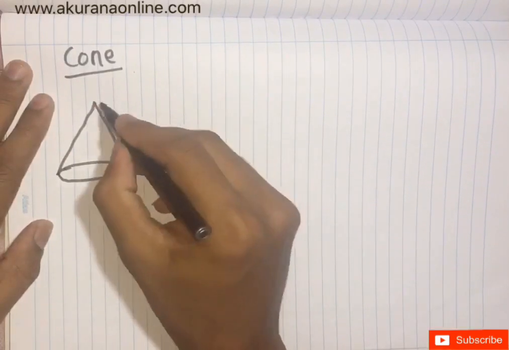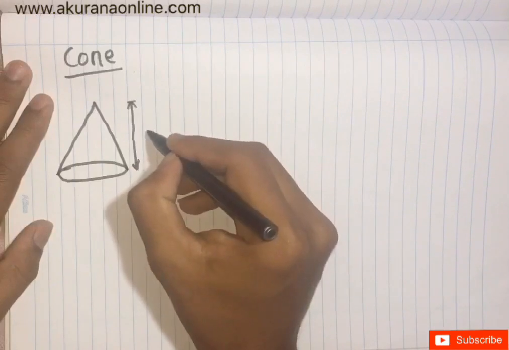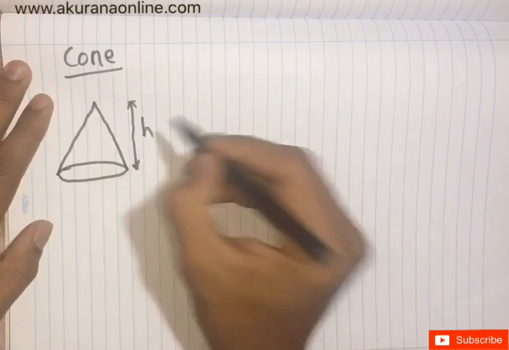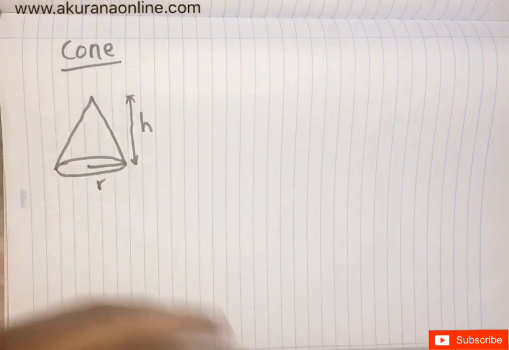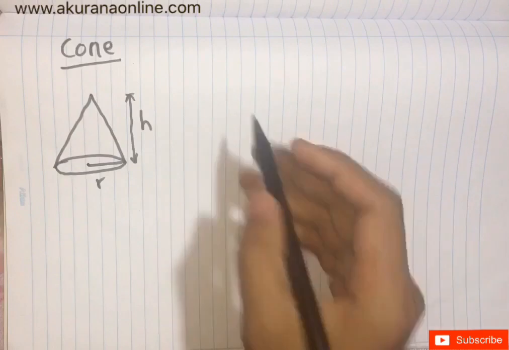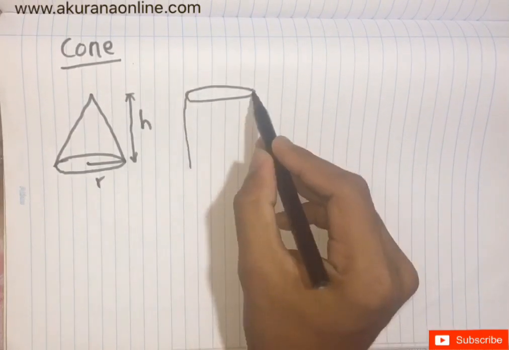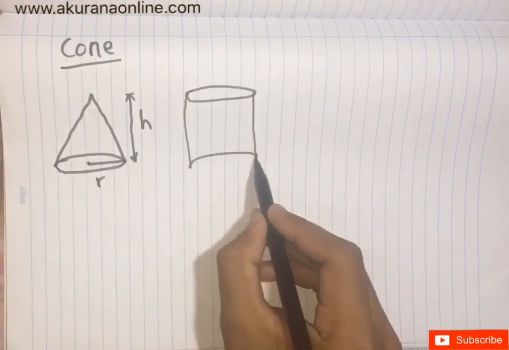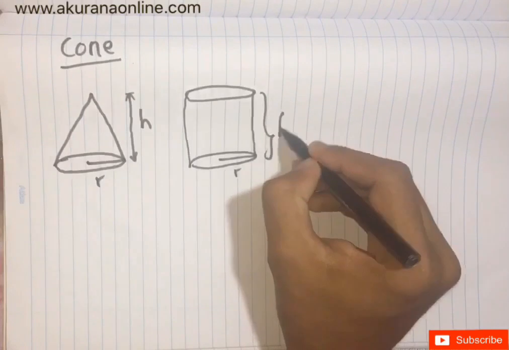Let me say this total height is equal to h, and radius is equal to r. Also now I am going to relate it to a cylinder, a cylinder of the same height and same radius. Let me draw a cylinder as well. Radius is equal to r and the height is equal to h.